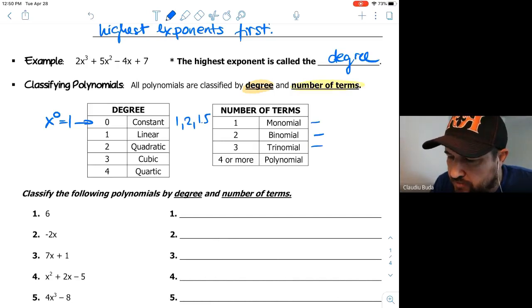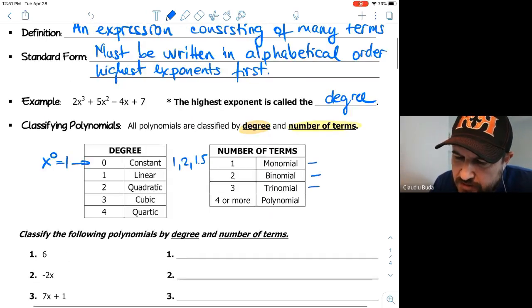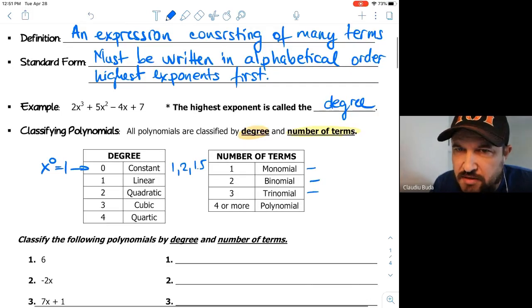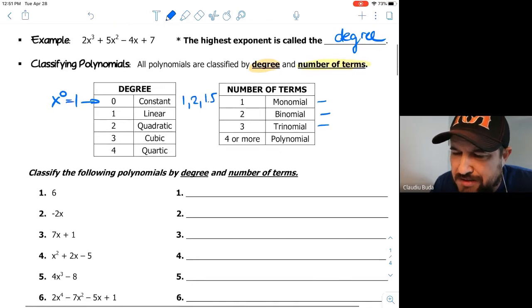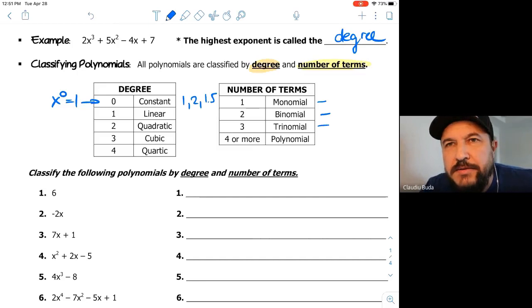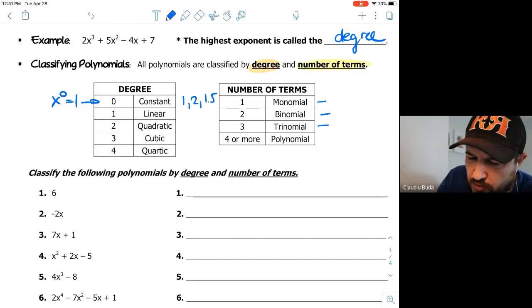But anyway, even 2 and 3, we could still call them polynomials. Okay. I should have mentioned in the definition, the expression consisting of many terms, that those terms are connected, combined by addition or subtraction in a polynomial.